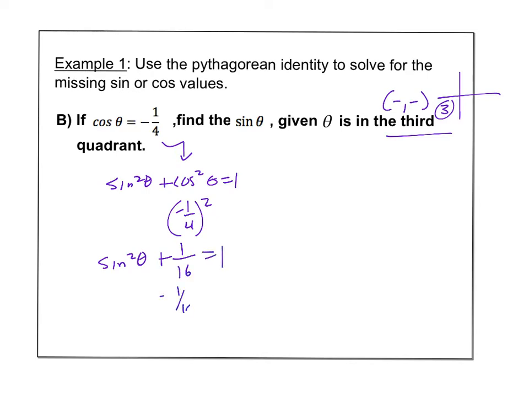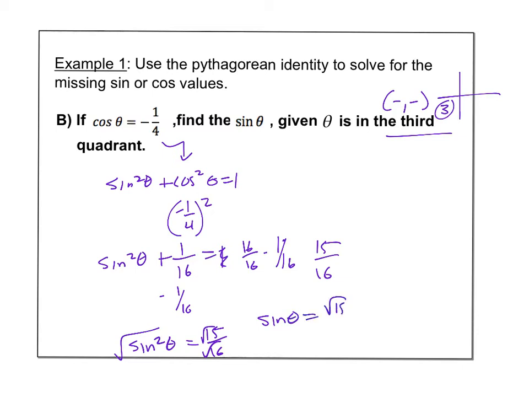If I subtract, this becomes 16 over 16 minus 1 over 16, which is 15 over 16. So sine squared theta equals 15 over 16. Square root everything, so sine of theta is going to be plus or minus square root of 15 over 4. But I know I'm in quadrant 3, so I take the negative.